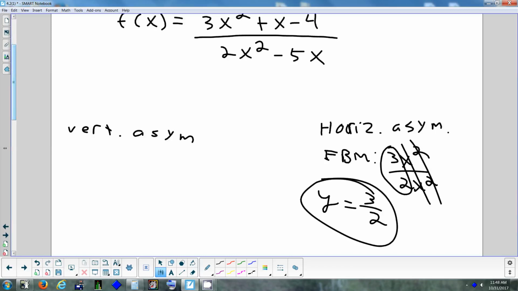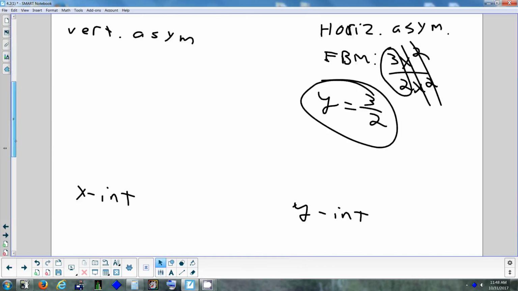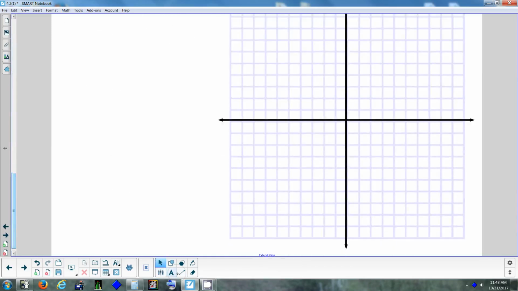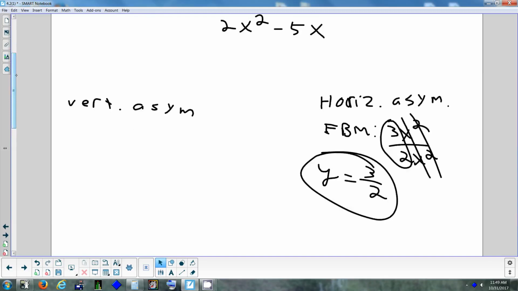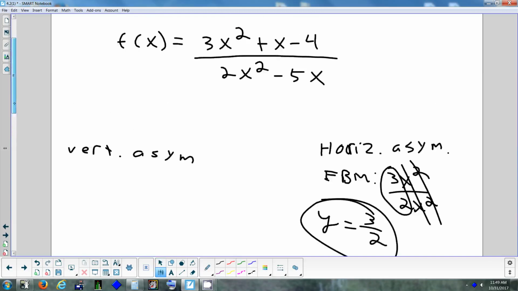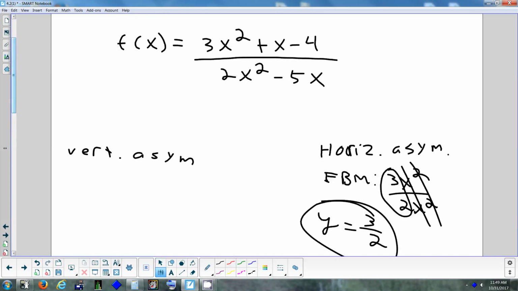Because when you're graphing, decimal is a little easier. 1.5. So put a horizontal at 1.5. Okay, close enough. Okay, vertical asymptotes. Can someone remind me, how do you find your vertical asymptotes?